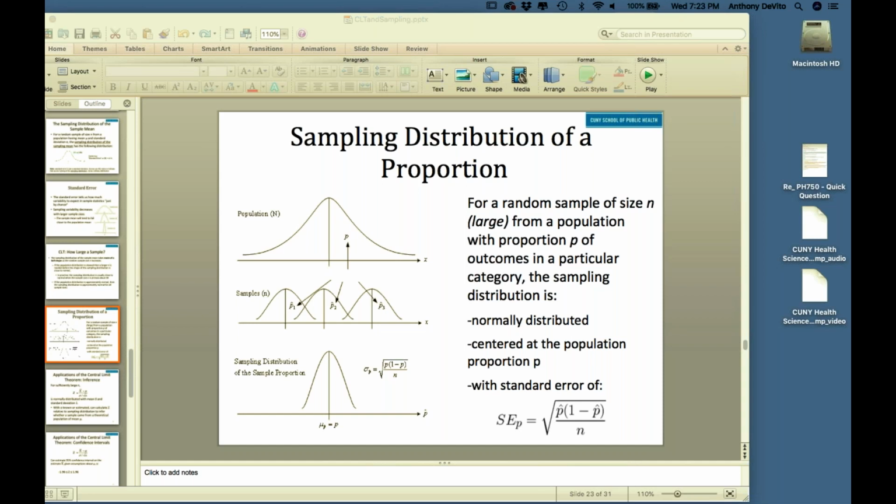So the way we deal with that is that we describe it as a proportion. If there's a million people in New York, and in the next election 550,000 of them vote Democratic, the proportion of voters that voted Democratic would be 0.55, right?